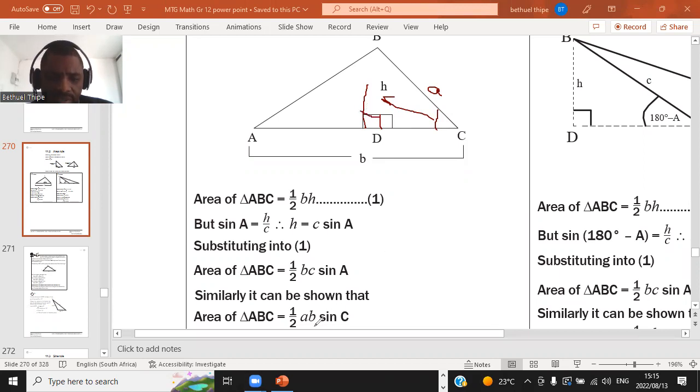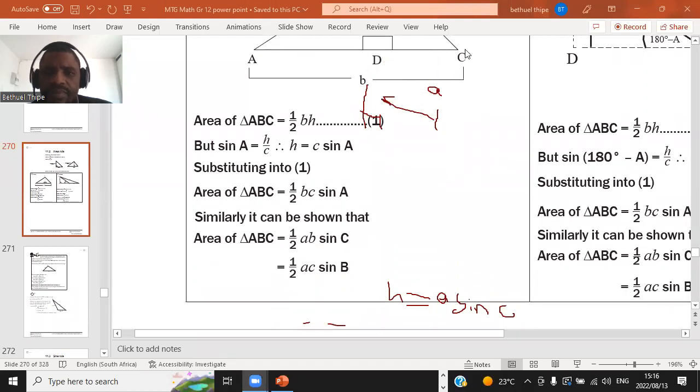So the H is equal to a sin C. That is why here we have this a and also the sine of C. So we proved it.